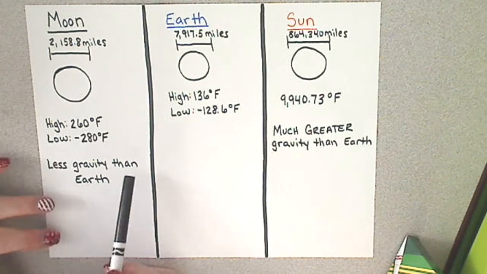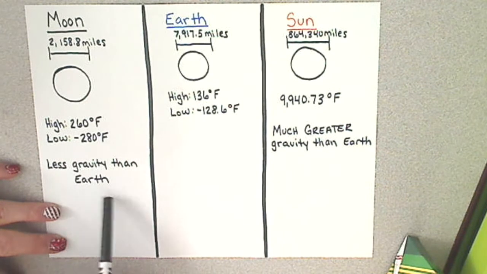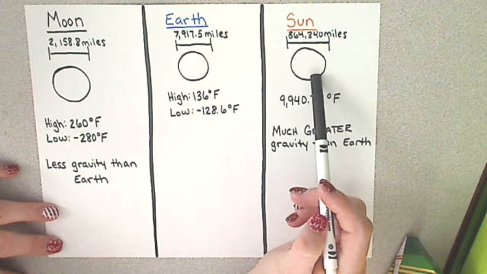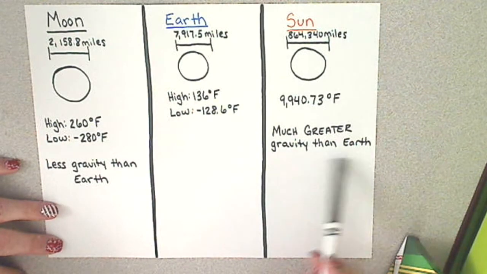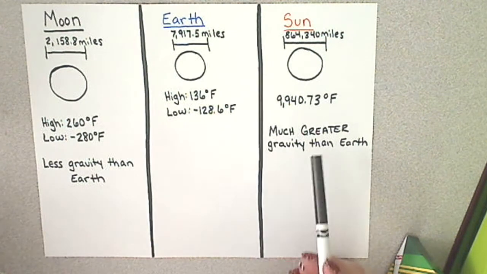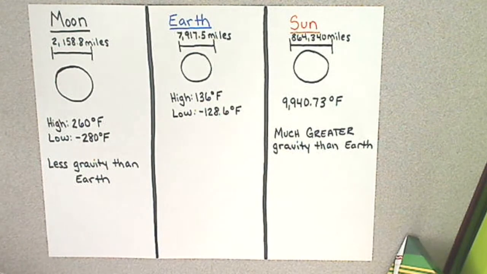So the moon is smaller than Earth, so it's got less gravity than Earth. But the sun is so much bigger than Earth. So therefore, the gravity on the sun is much greater than Earth. And because of the size, the sun emits a gravitational pull around it, which is why all of the planets and all of the moons stay in the orbit that they stay in around the sun.